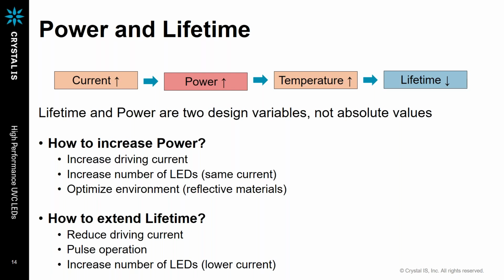The reason is that not all the power you are putting in gets converted into UVC light, and you are going to generate a lot of heat. And the more heat it generates, the temperature goes up, and the more the temperature increases, the more it impacts the lifetime of the LEDs. So the lifetime of the product will go down.